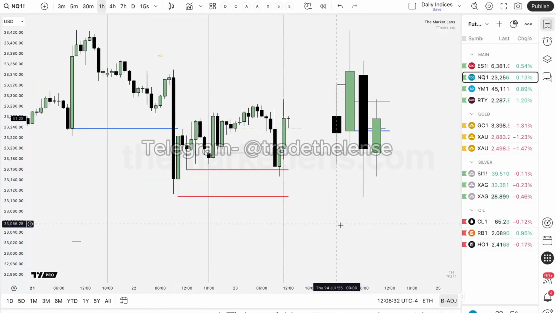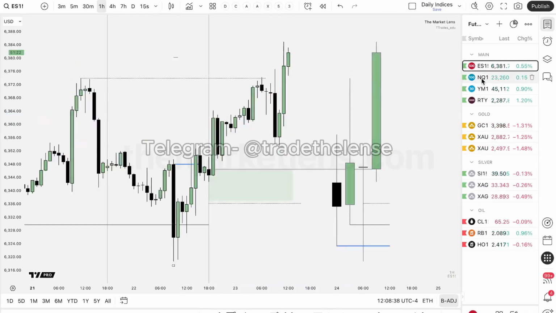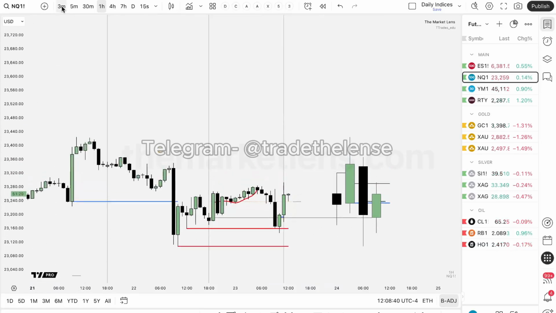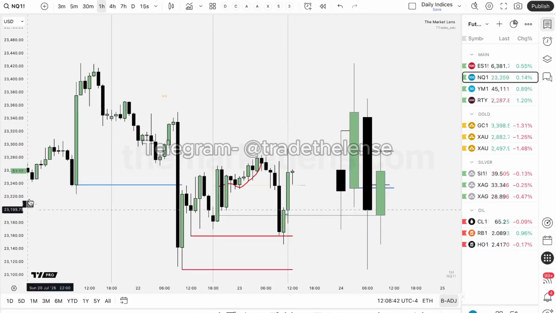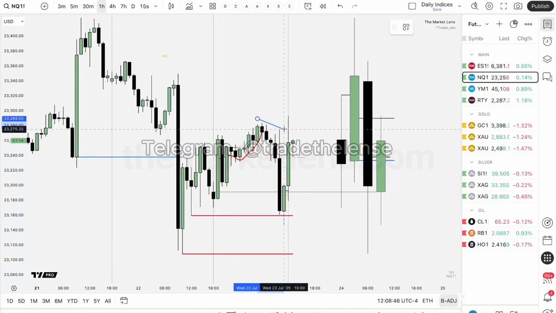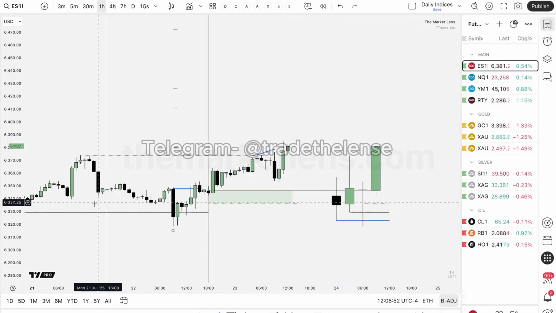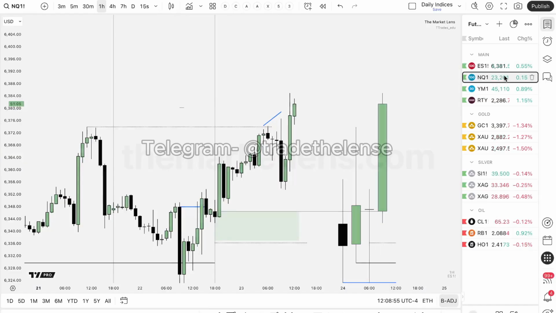Doesn't really respect 0.5 of the previous candle, but when we get into here, this is when ES takes out its high, right? So for me, I was saying, okay, if we can retrace on ES, that is when we can get this move on NQ. We had at the open, or we had this SMT, right? There and there. And so that's what gave me my bearish framework for NQ, right?